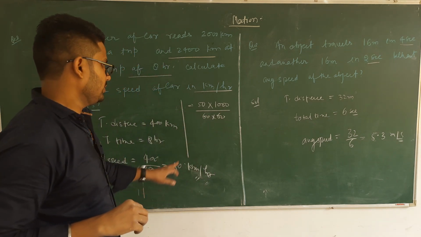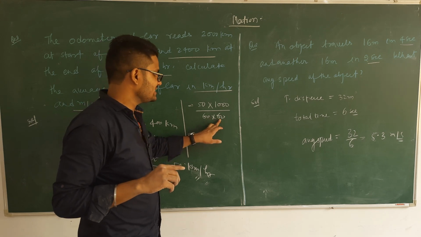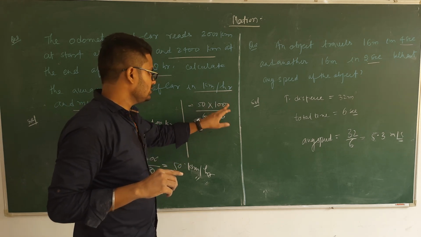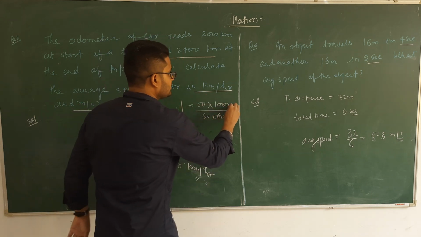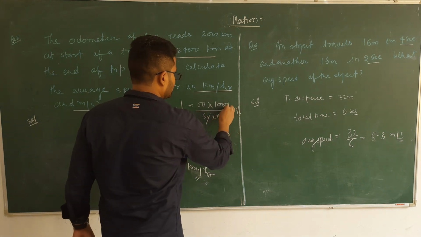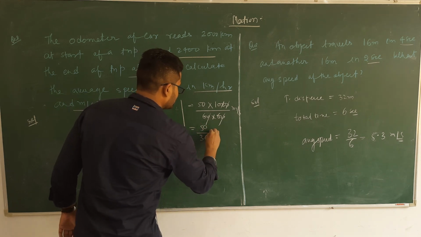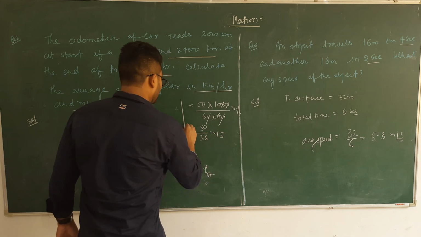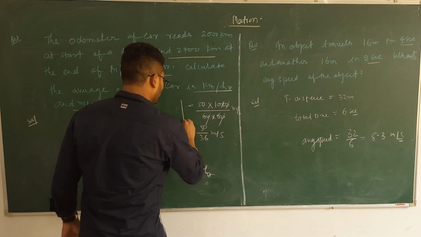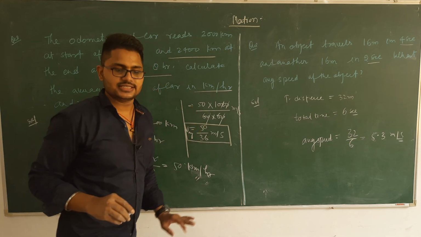So this is all in meter per second. So cut it out, and here is 50 upon 36 meter per second. This is the average speed.